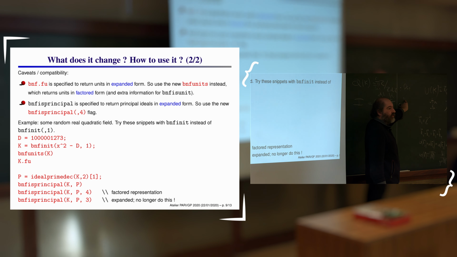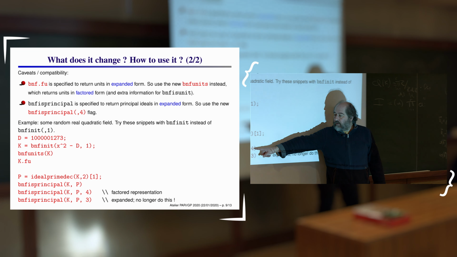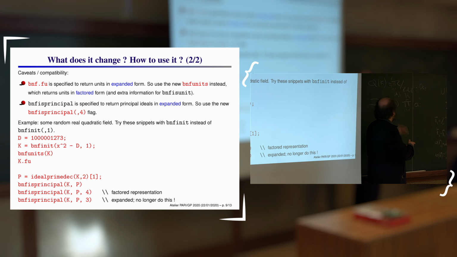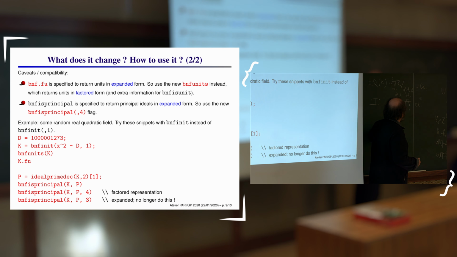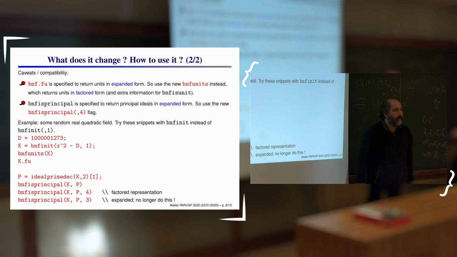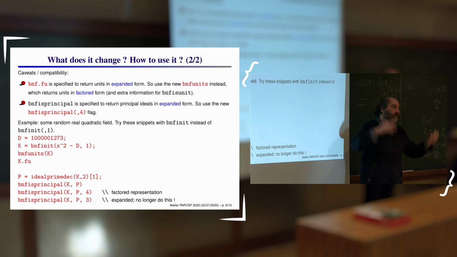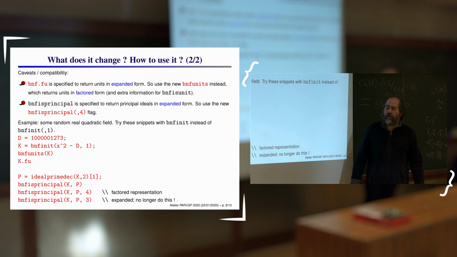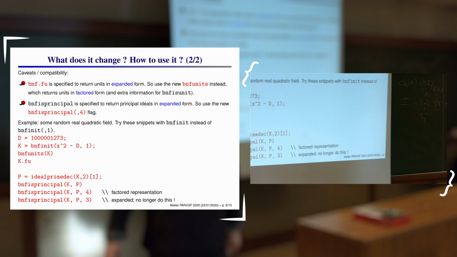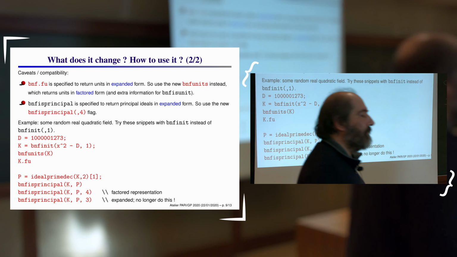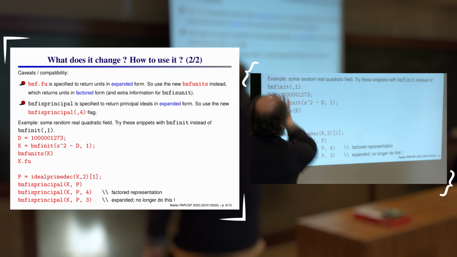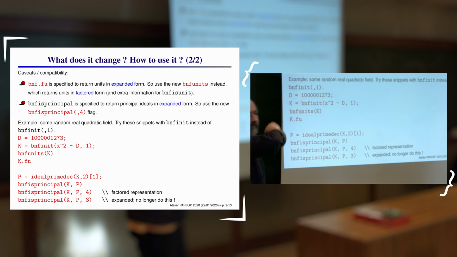The one thing that changed with the flag comma 4 here is that this alpha is now expressed in compact representation. That's all. And before, it was a polynomial? Maybe it was expressed in terms of the integer basis. In basis form. That's better. OK. So this is what's changed.